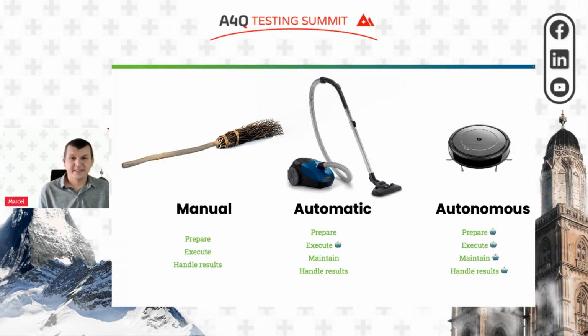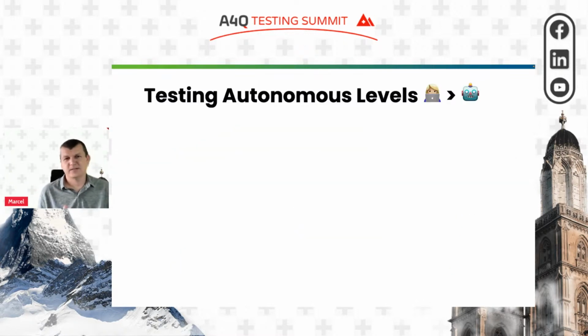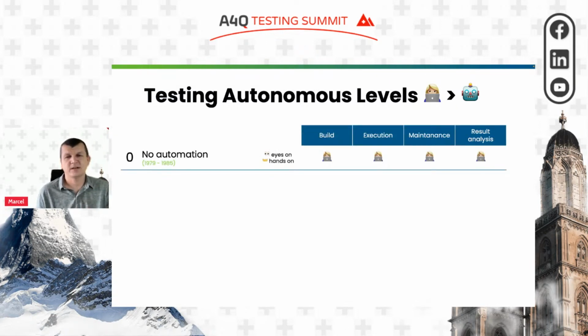To make it more scientific, I could also bring up another slide which is focused on those levels. And similarly, as I explained on the first slide about autonomous testing, these levels are six, starting from 0, where we consider no automation at all, which is basically manual testing at each stage or each process within the testing approach.